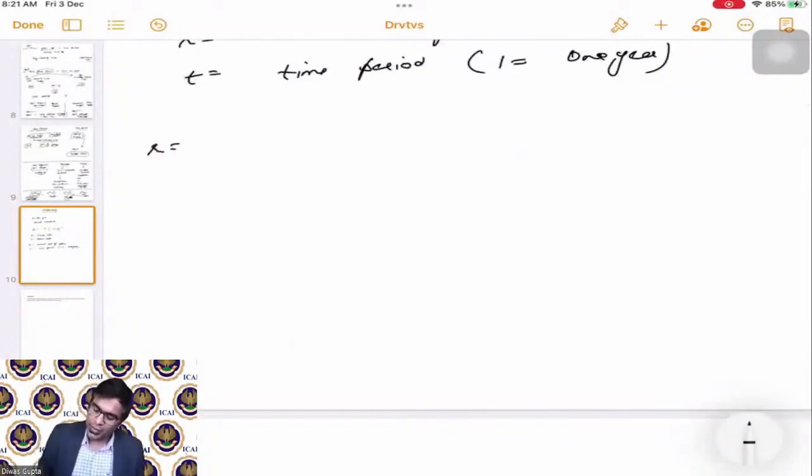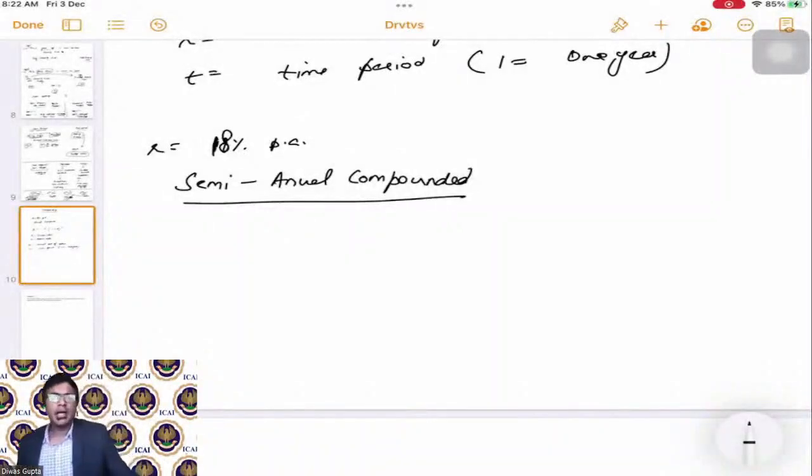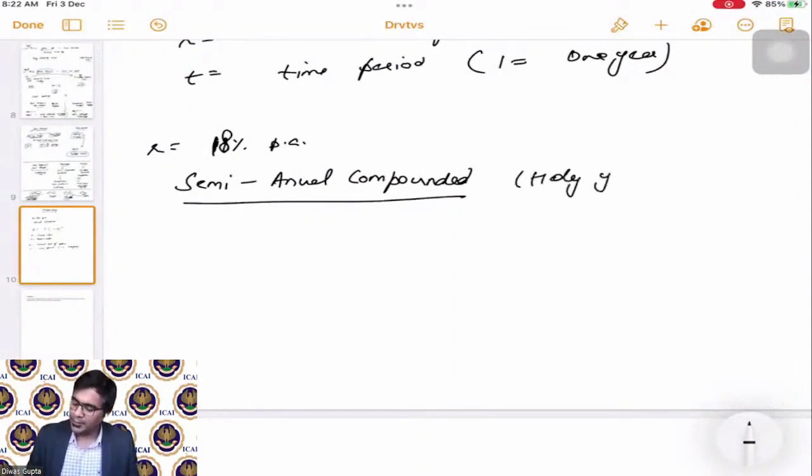Now, case 2: R is equal to 18% per annum again, but it is semi-annually compounded. That means compounding has to happen every half-year. A = P(1 + R)^T, the formula will remain the same.